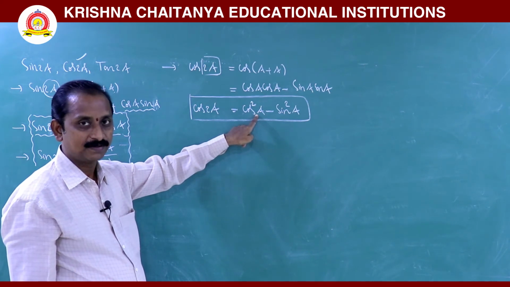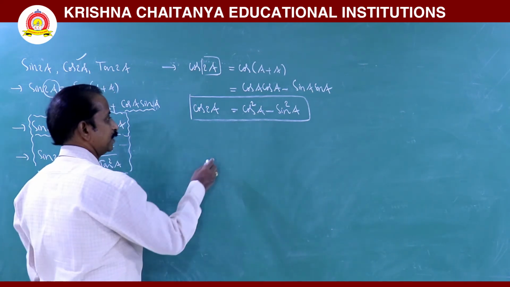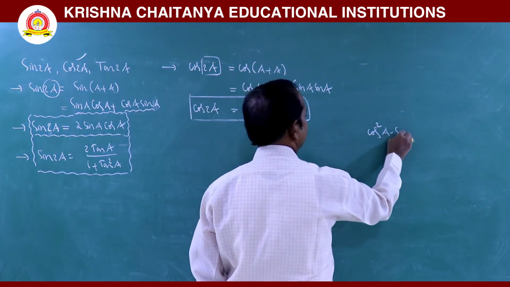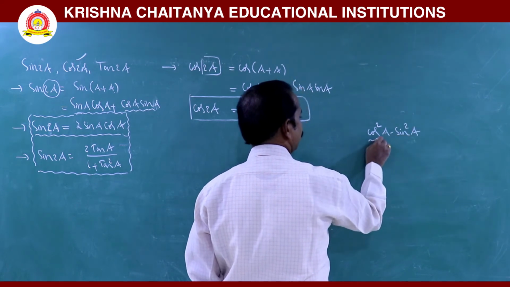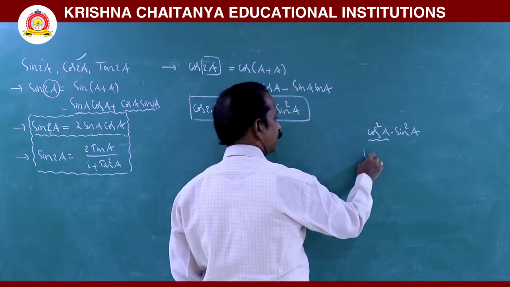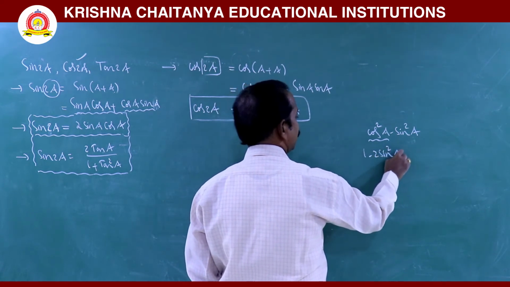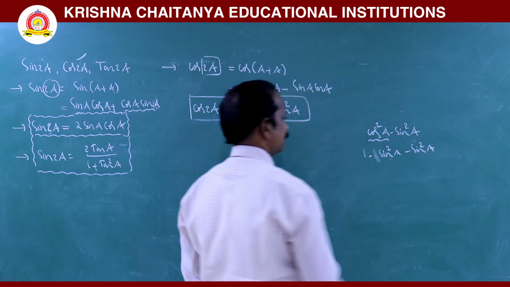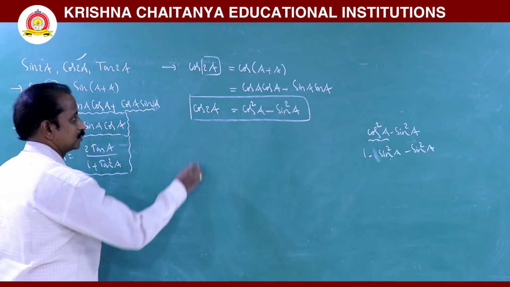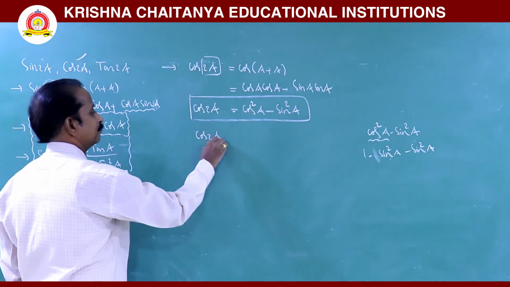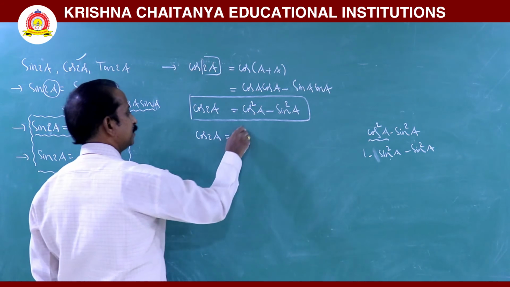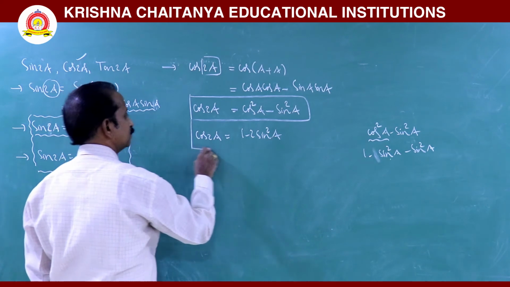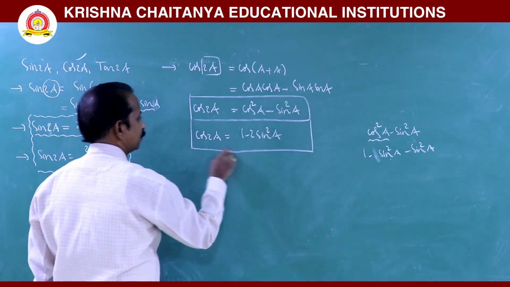Cos square A is equal to 1 minus sin square A. So in cos square A minus sin square A, if we write 1 minus sin square A instead of cos square A, we get 1 minus sin square A minus sin square A, which is 1 minus 2 sin square A. So cos 2A has another basic in terms of completely sine: 1 minus 2 sin square A.